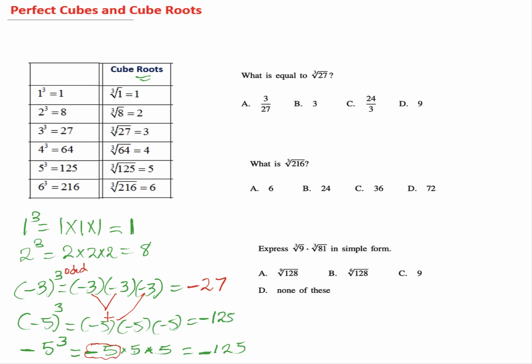Now, if I take the cube root, I should get 3. So if I want the cube root of 64, I'll ask myself, okay, what number would multiply itself 3 times to give me 64, and that's 4.